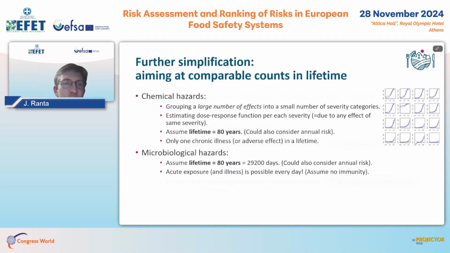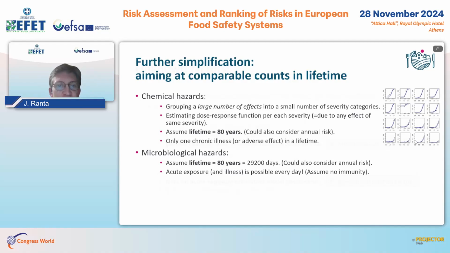And assuming also that there's only one chronic illness in your lifetime. So if you get one cancer, then that's the one you get. And then looking at the microbiological side, again, a lifetime of the same duration is quite many days. And because microbiological hazards happen as acute single events, you can have multiple infections in a lifetime.